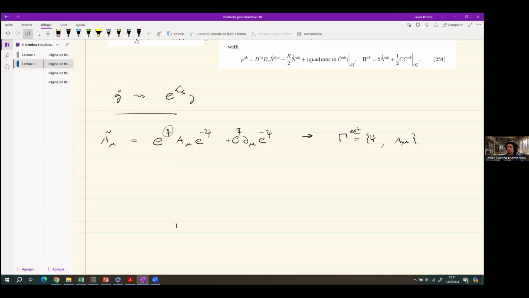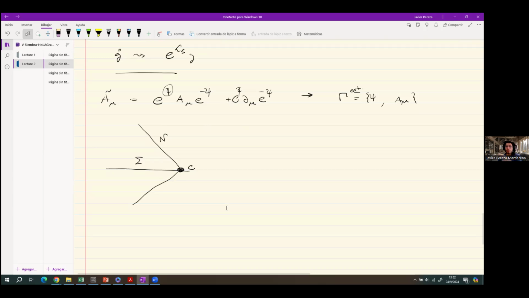Let's take some null surface here, N, and we have some corner, and we have the Cauchy surface Sigma, and the corner is C. This was done 3 years ago by Luca Ciambelli, Robert Leigh, and later by Laurent Freidel.